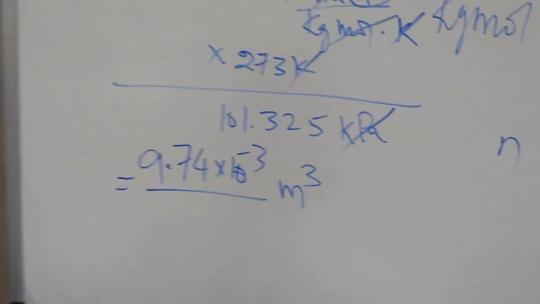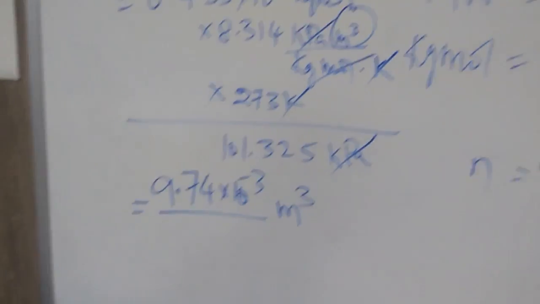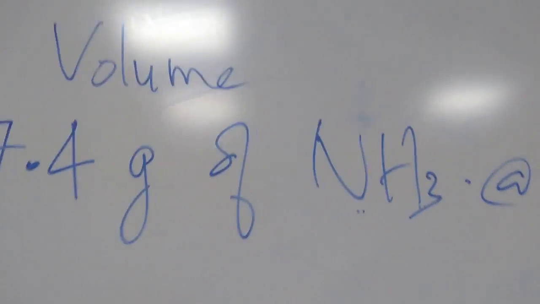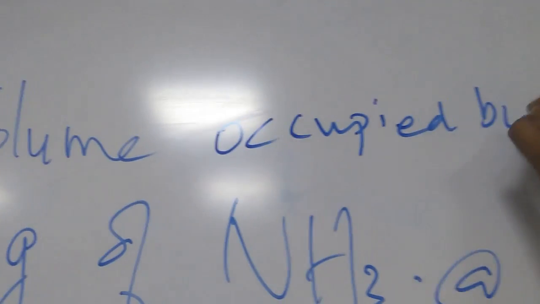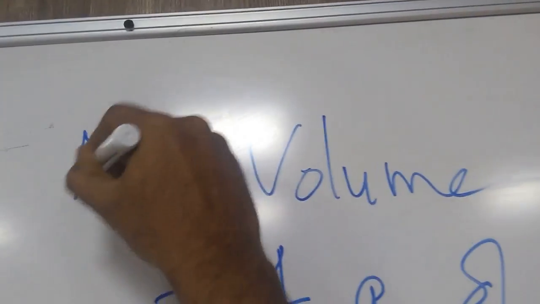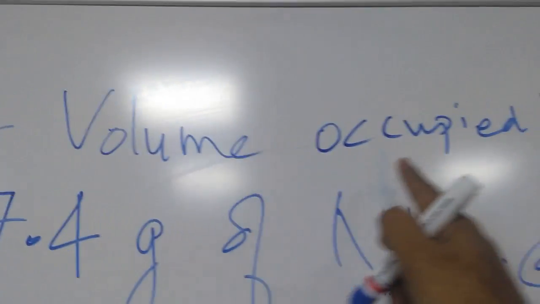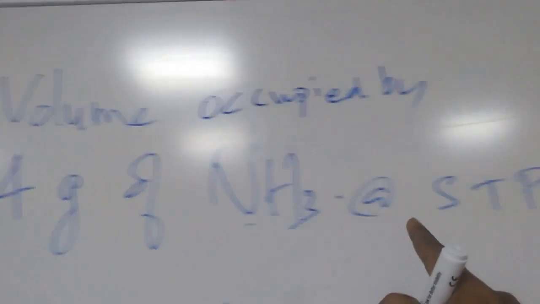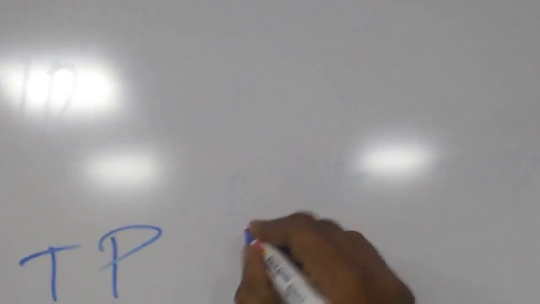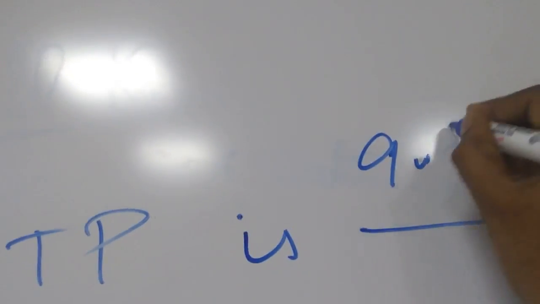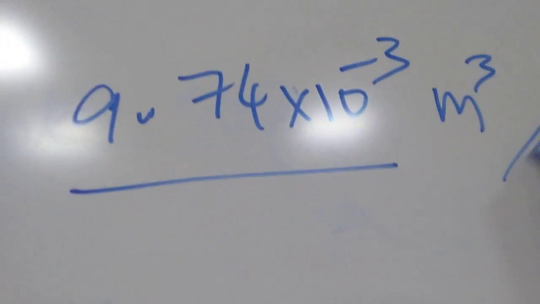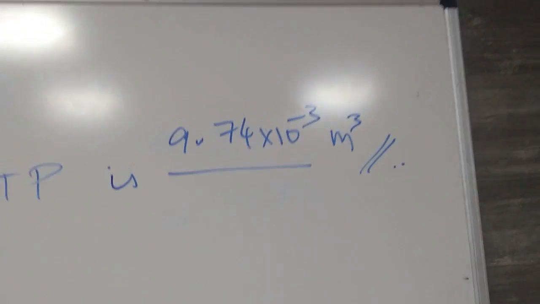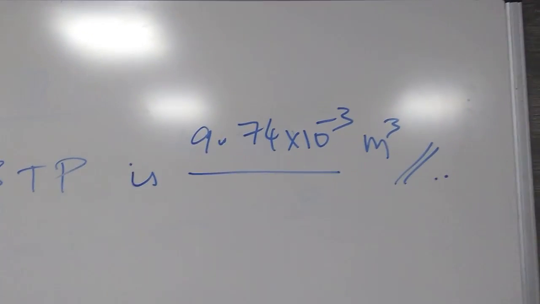Okay, so you can write the answer: the volume occupied by 7.4 grams of ammonia at STP condition is 9.74 into 10 power minus 3 meter cube. Okay, so that is the final sentence we have to write.